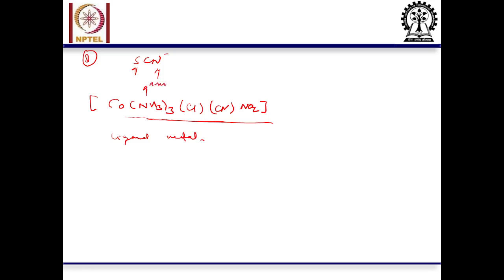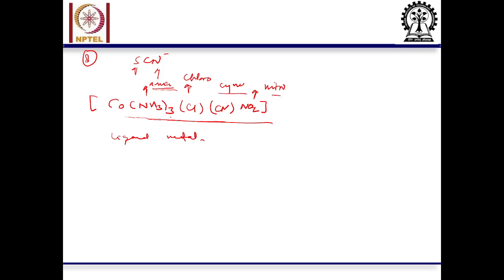Suppose this is ammine, this is chloro, this is cyano, this is nitro. We find the alphabetical order. This is already written in alphabetical order: ammine, chloro, cyano, nitro.